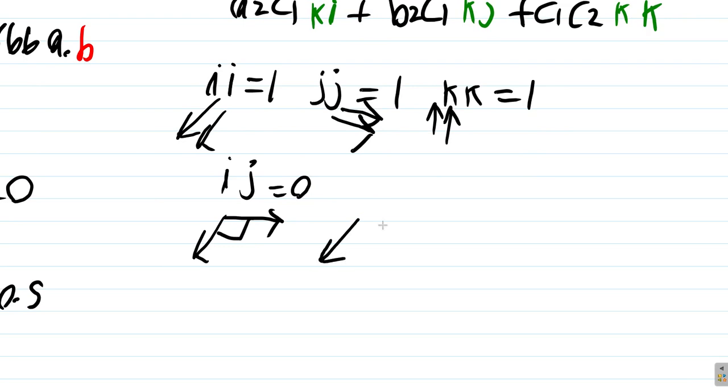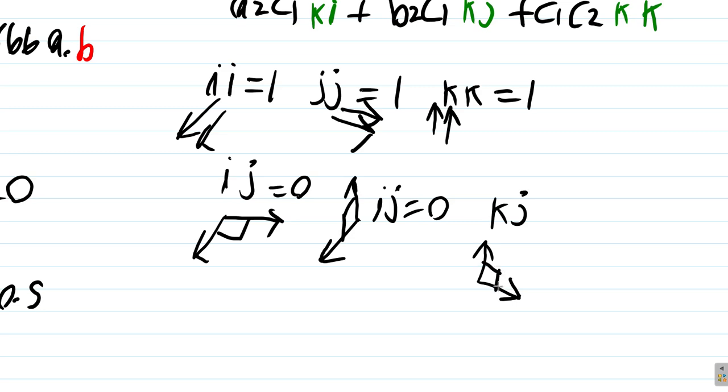I is in the x direction and K is up, and they are 90 degrees apart, so IK is 0, right? And then KJ, K is acting up, J is acting in the y direction, 90 degrees, JK is 0. Alright? That's 0 there.